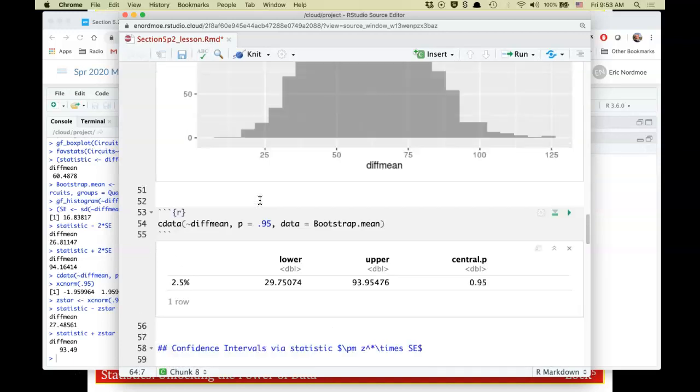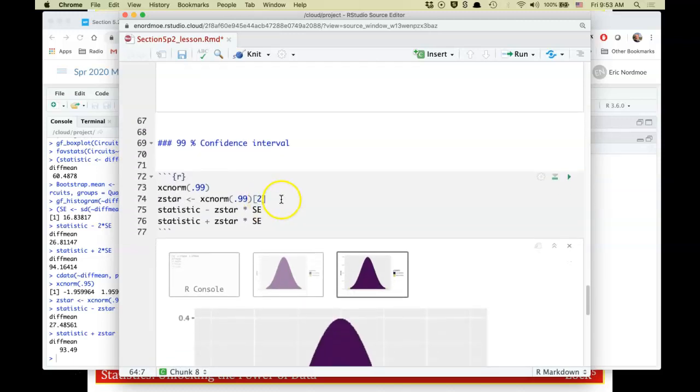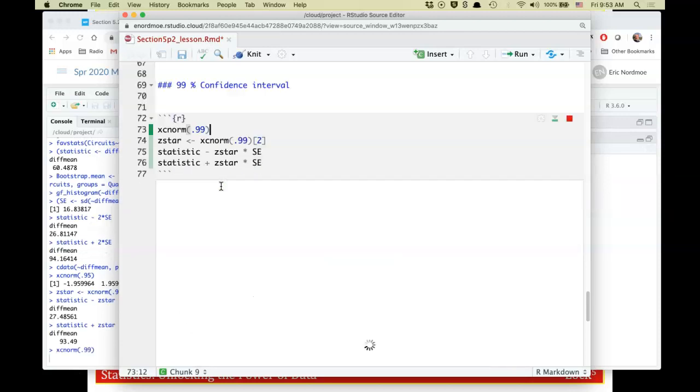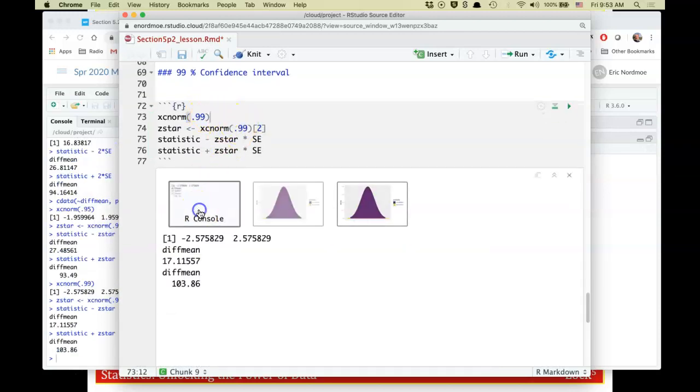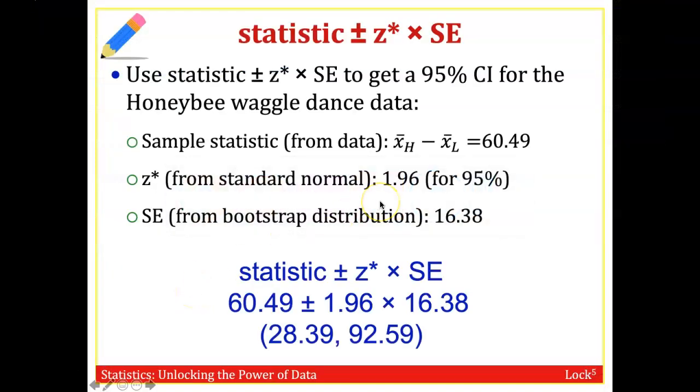So don't lose sight of the fact that that's where the statistic is coming from. Now we can expand that to a 99% interval rather than 95 just by putting that in. We're using the larger multiplier of 2.576. So of course we get a wider interval, and that's the endpoints to the interval that I get in that particular situation. All right, so pretty straightforward, I hope.